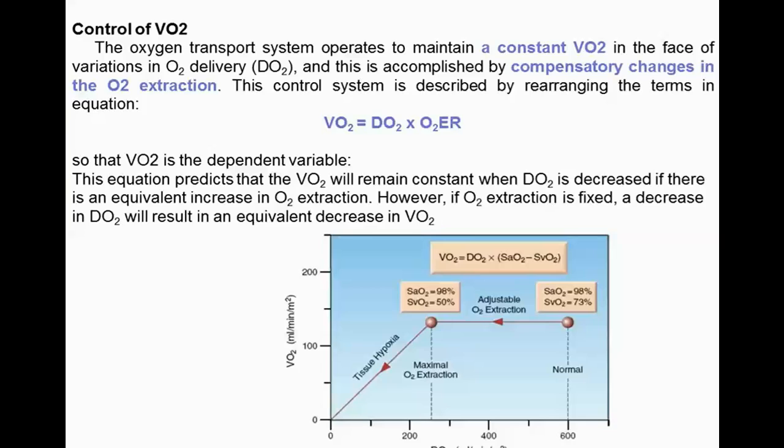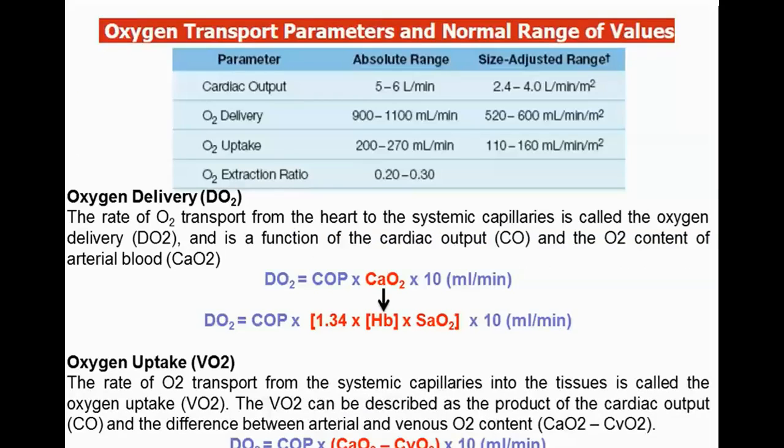Oxygen delivery 1,000 equals about 600 adjusted for body surface area. And oxygen uptake 250 equals about 160 adjusted for body surface area.